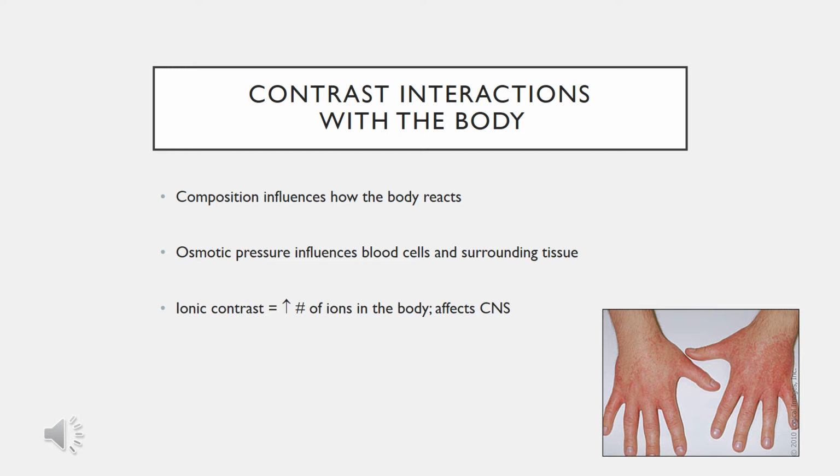Is it going to cause some cardiac issues in response to those additional charged ions? Whereas if we have the non-ionic contrast, our contrast molecule is going to remain intact. There are no additional charged ions introduced into the body, and that's why there's less chance of an allergic reaction with our non-ionics.